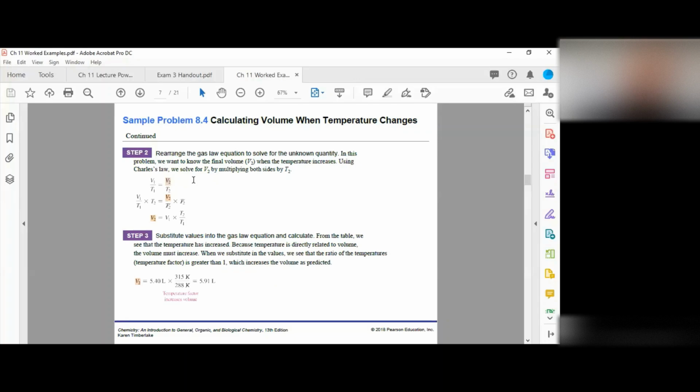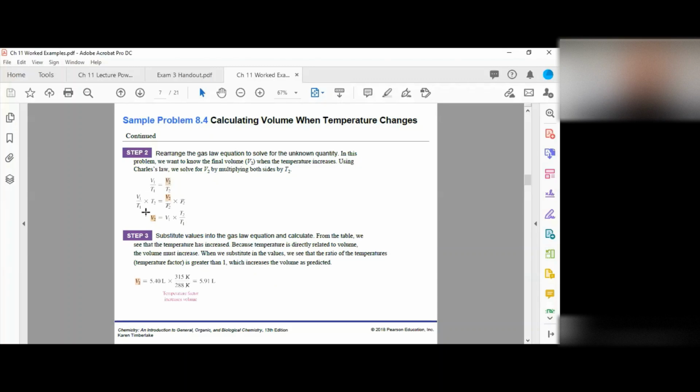So cross multiplication means you have V1 over T1 times T2 equals V2 over T2 times T2. Or you could easily just say V2 times T1 equals V1 times T2, and then solving for V2, you will have V1 times T2 divided by T1.